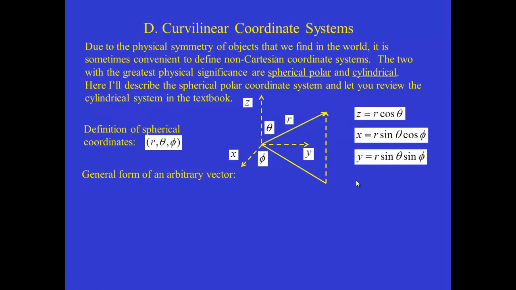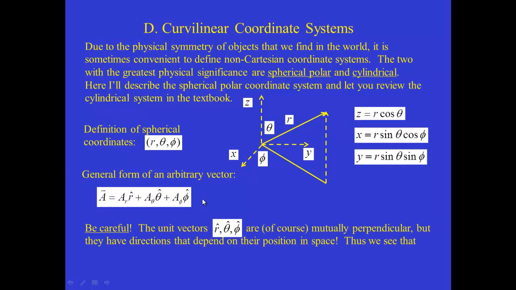In the spherical coordinate system then, the general form of an arbitrary vector, instead of having x, y, and z components, has r, theta, and phi components, so that a general vector A can be written in this form. And one note, although the r hat, theta hat, and phi hat unit vectors are of necessity mutually perpendicular, their directions depend on their position in space.